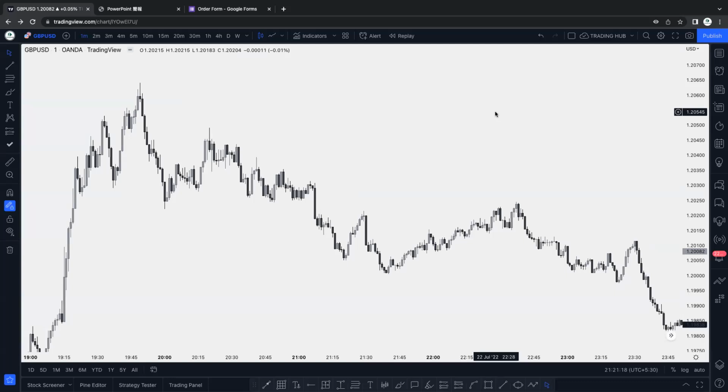Entry type 1, 2, and 3. All three kinds of entry. All right, okay, sure.